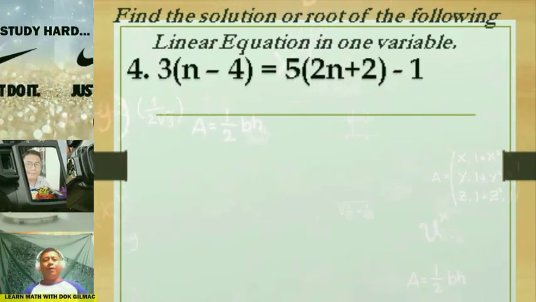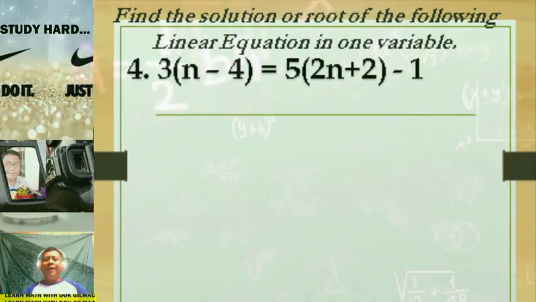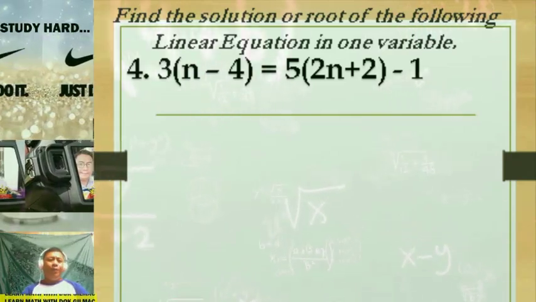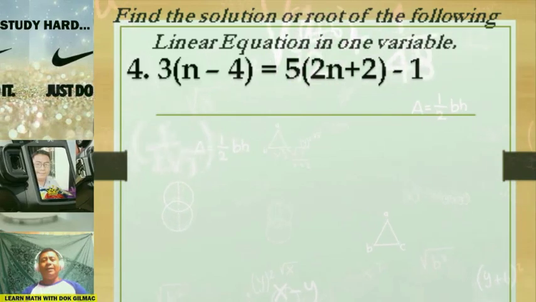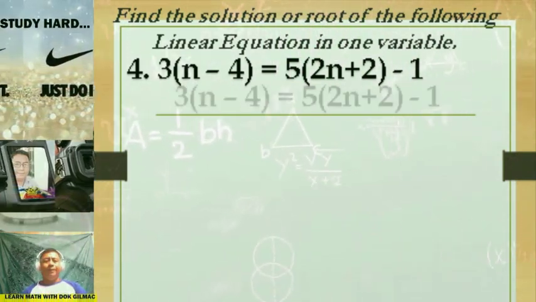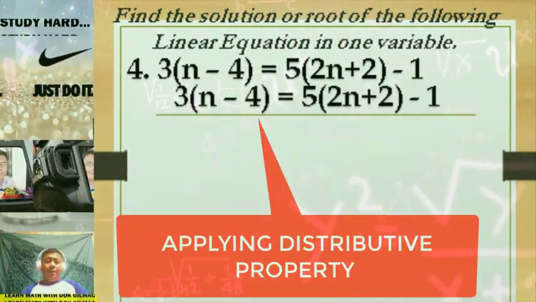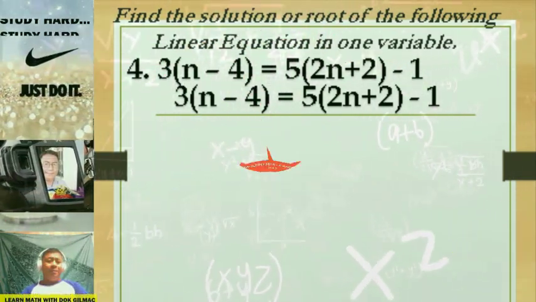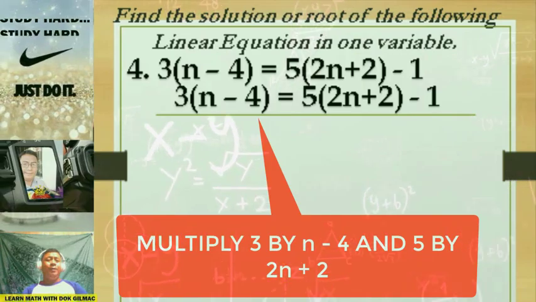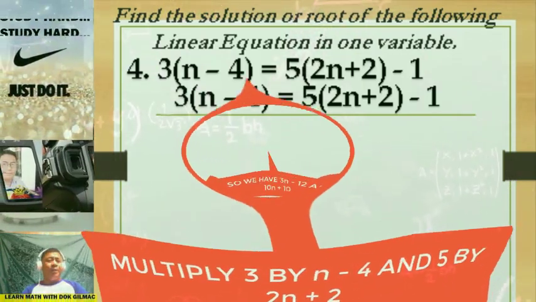Consider number 4. 3 times the quantity n minus 4 is equal to 5 times the quantity 2n plus 2 minus 1. Applying the distributive property, we multiply 3 by n minus 4 and 5 by 2n plus 2.